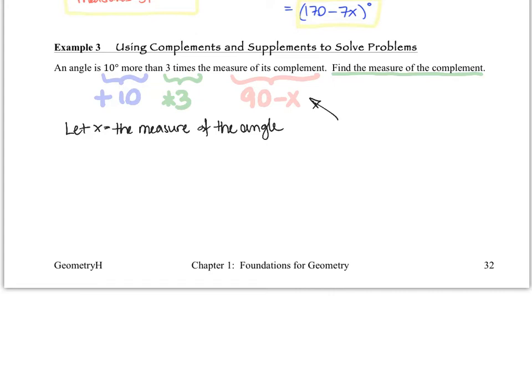Okay, so it says an angle is, that means x is equal to 10 more than 3 times the measure of its complement, or 90 minus the measurement of the angle. So now we have one equation with one unknown, and we can solve this. We're going to use the distributive property. We're going to combine like terms.